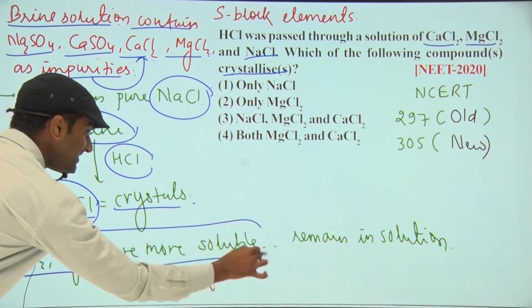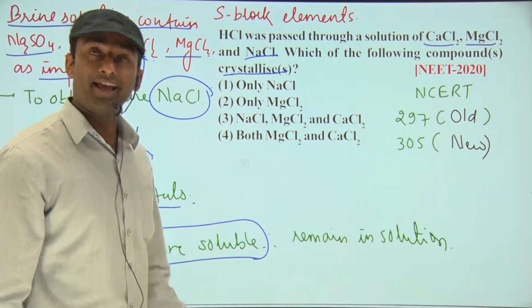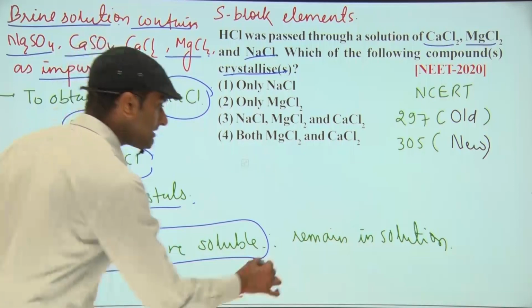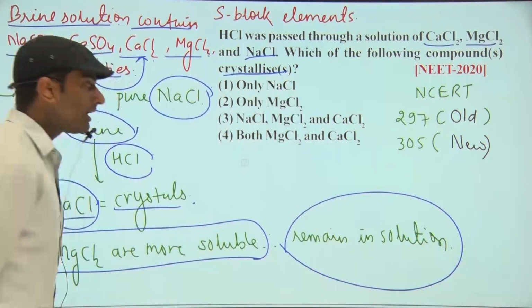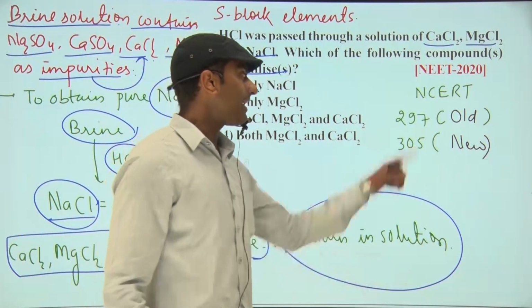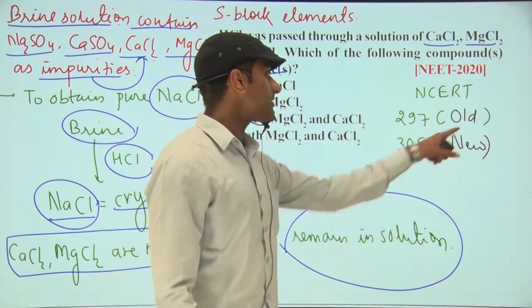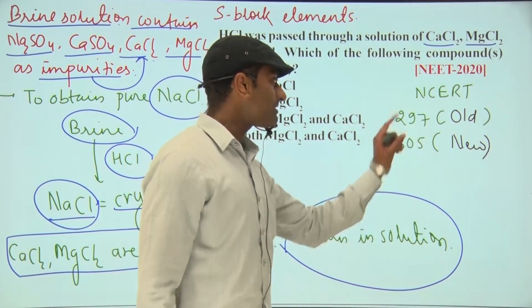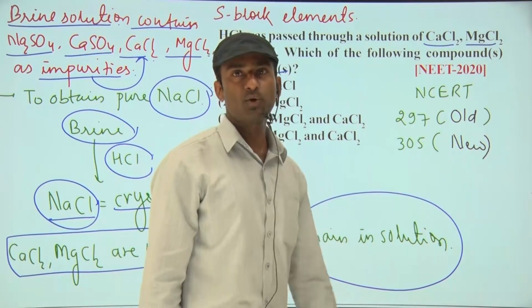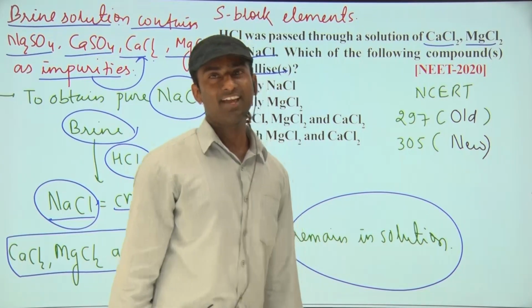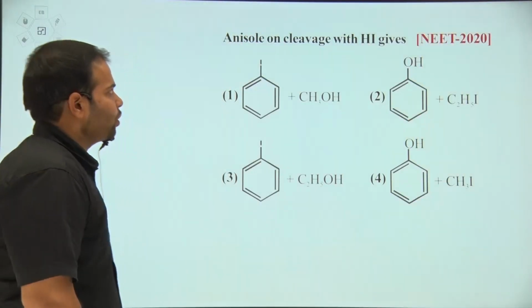Why so? Because these are more soluble as compared to NaCl. These remain in the solution. This information you will get in the NCERT. As far as the old NCERT is concerned, the page number is 297, while in the new one, 305 is the page number. Thank you.